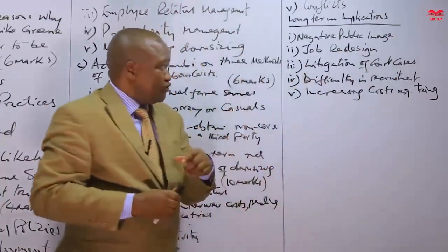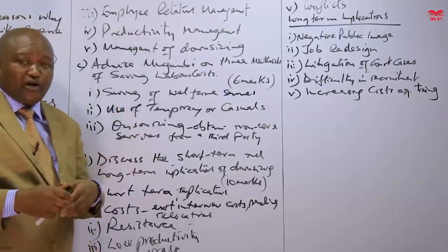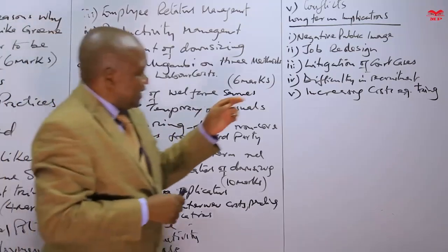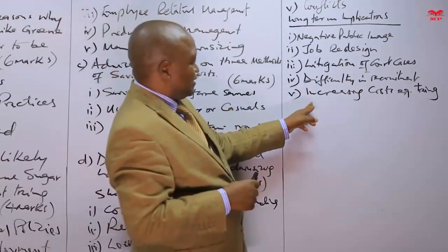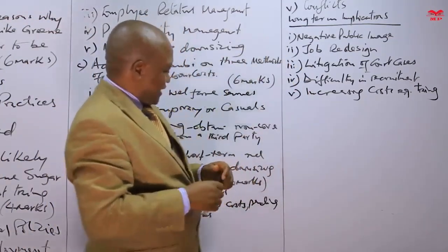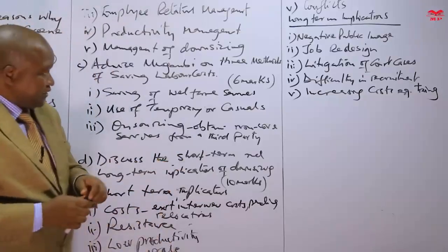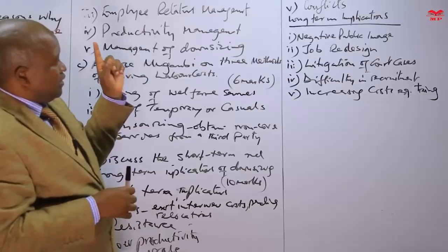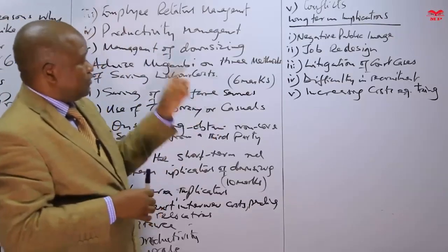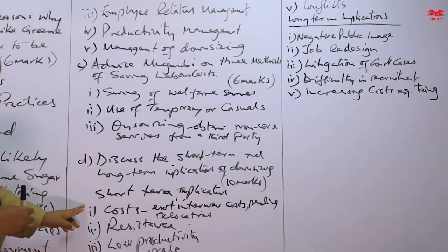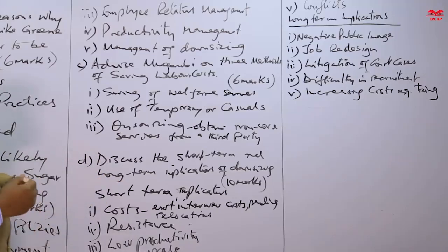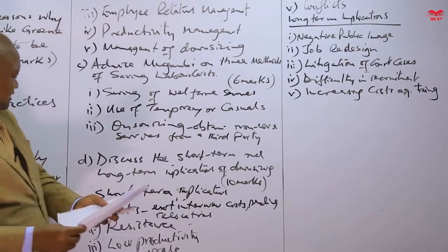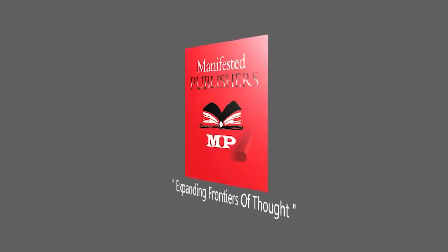An organization may also be required to scout for workers, and that might also increase the costs the organization has to incur, and that is a long-term implication of downsizing in an organization. So those are 5 long-term implications of downsizing, and here we have the other 5 short-term implications of downsizing in any given organization. So that was part D.